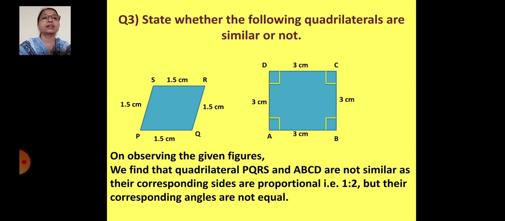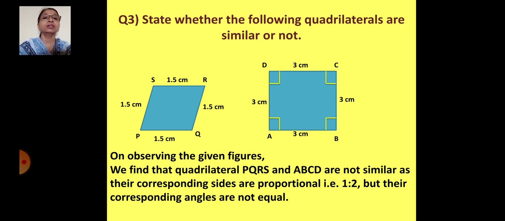If I take the ratio of their corresponding sides, suppose PQ upon AB, what will be the ratio? 1.5 upon 3, and if you simplify, you will get 1:2. So everywhere the ratio is the same, 1:2, 1:2. But what can you say about the angles? Are their angles equal?